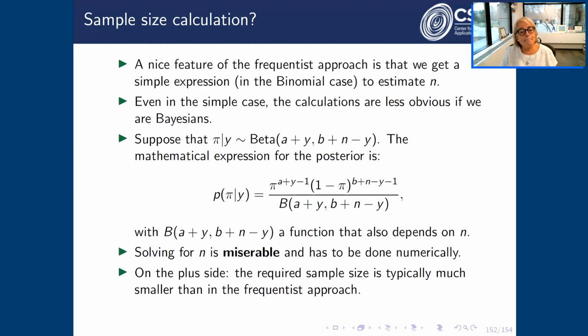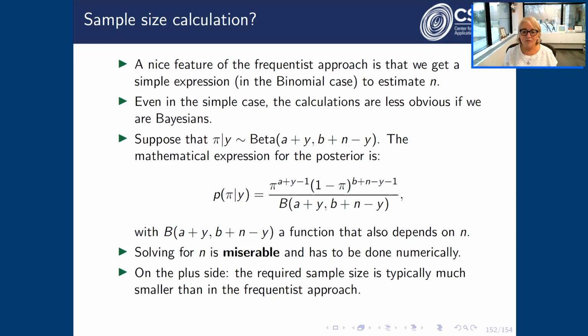So, all right, this is all fine and dandy. The question is, how do we use all this to do sample size calculation? And it turns out that it's not so easy. One of the nice features of the frequentist approach is that, at least in the binomial case, when you have a large population and you can assume you're sampling with replacement and so on, you get a simple expression to estimate the sample size.